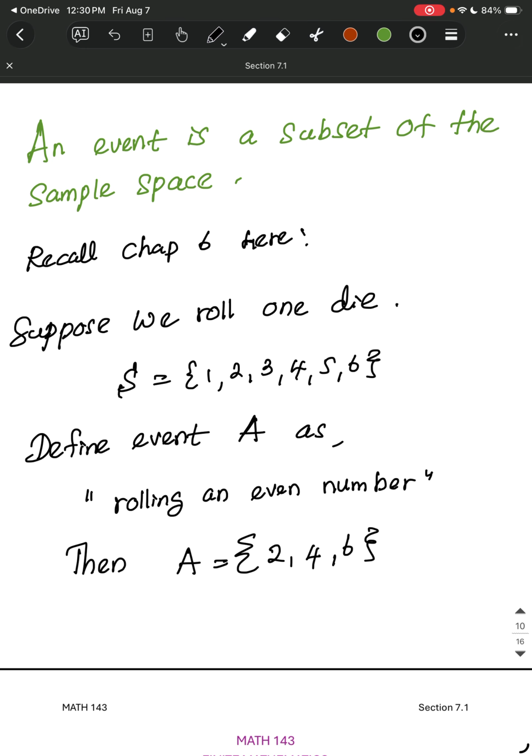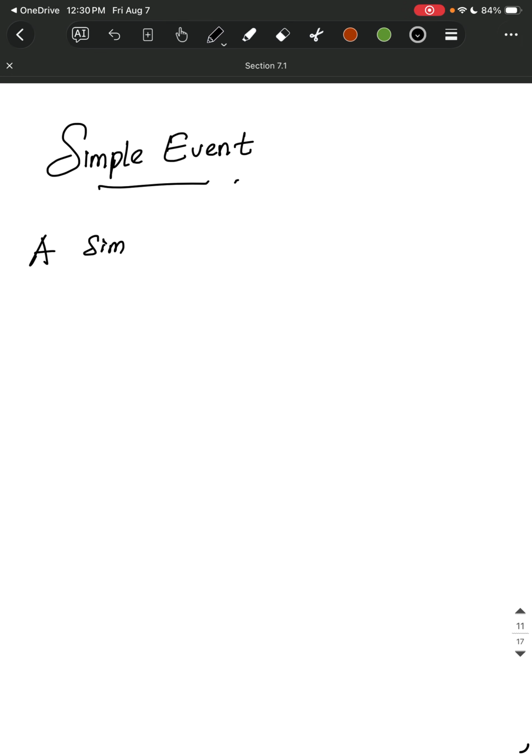Next, simple event. A simple event contains exactly one sample point.